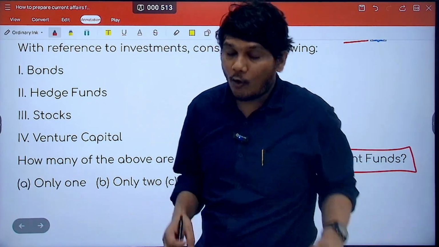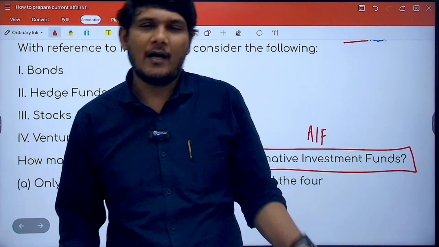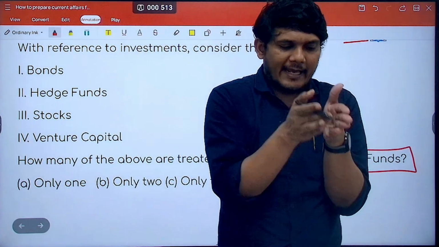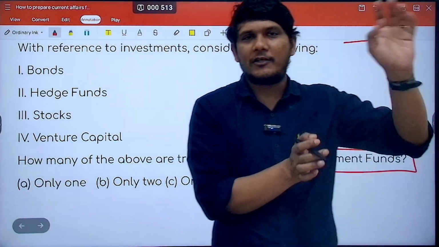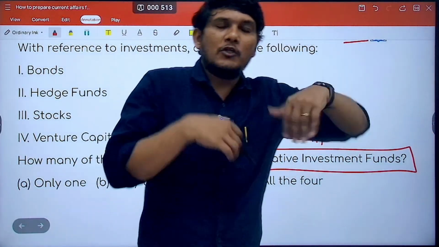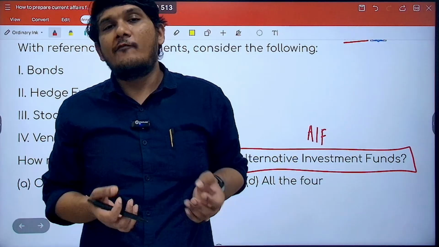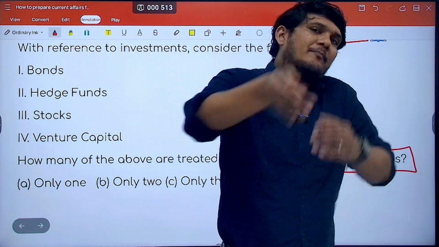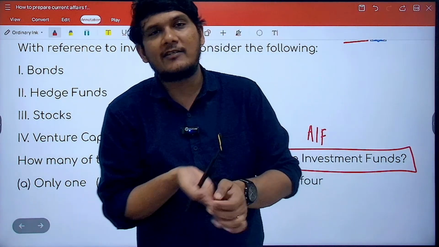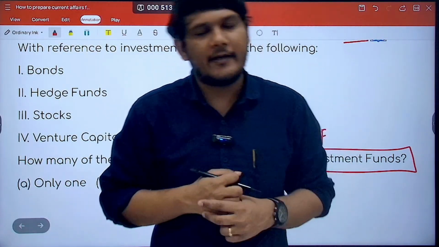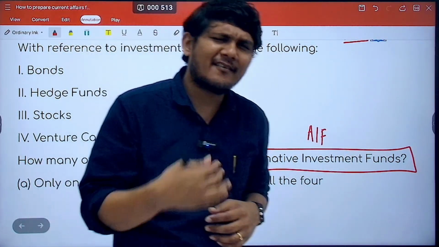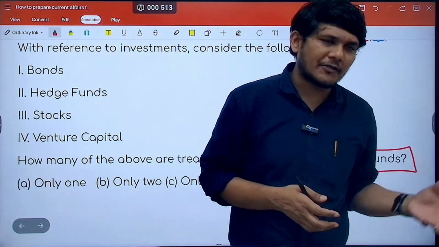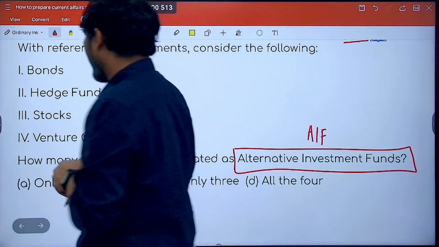Now, what are alternate investment funds? Briefly, there are investment funds which are traditionally present. The new investment funds that are different from the traditional ones are the alternate investment funds. They may have higher risk and higher returns. They are not the traditional ones, that's why they are called alternate investment funds.